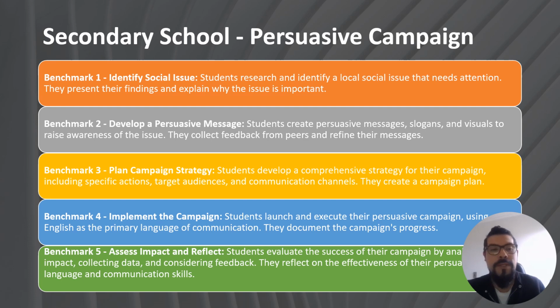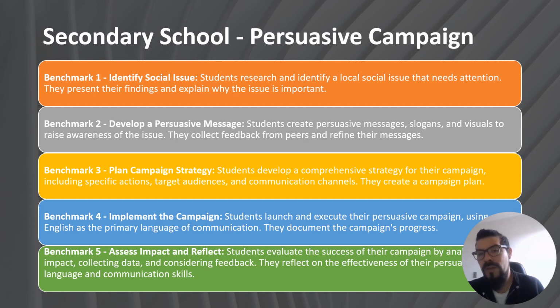An example for benchmark three will be to plan a campaign strategy. Students develop a comprehensive strategy for their campaign, including specific actions, target audiences, and communication channels. They create a campaign plan. So they already have the way they're going to show this campaign, the messages that they are going to show.